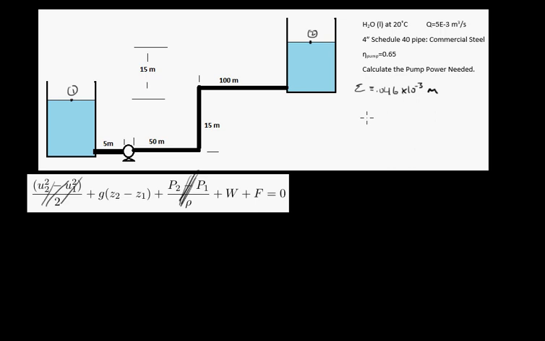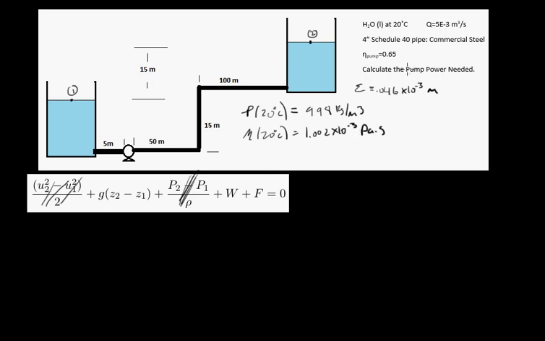And then the fluid properties of water at 20 degrees Celsius that we'll need: density, rho, at 20 degrees Celsius is equal to 998 kilograms per meter cubed. Viscosity at 20 degrees Celsius is 1.002 times 10 to the negative 3 Pascal seconds.